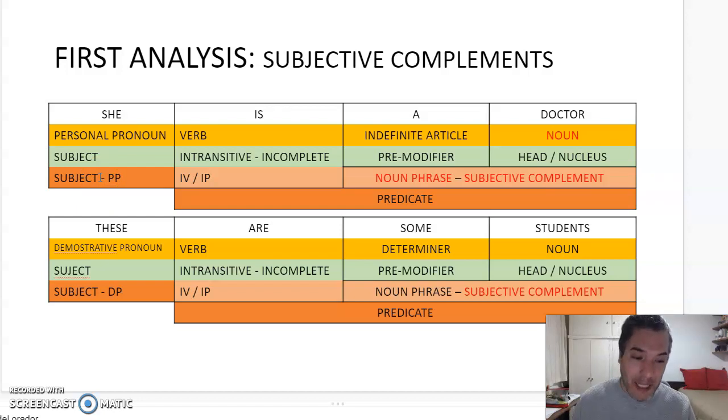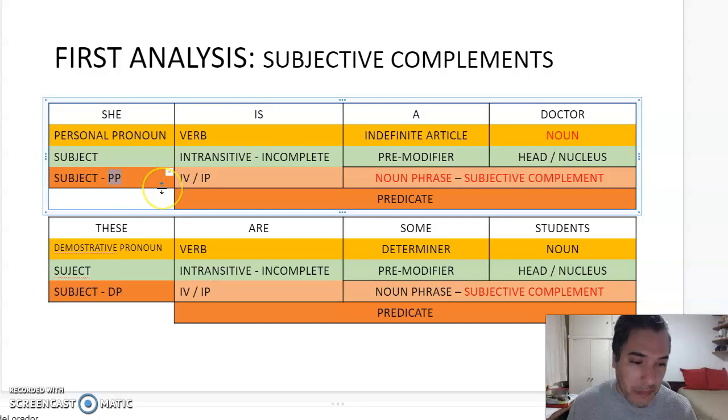But you have to tell me also the category analysis. And I write here PP. PP stands for personal pronoun. And you have these two analyses at the same time.